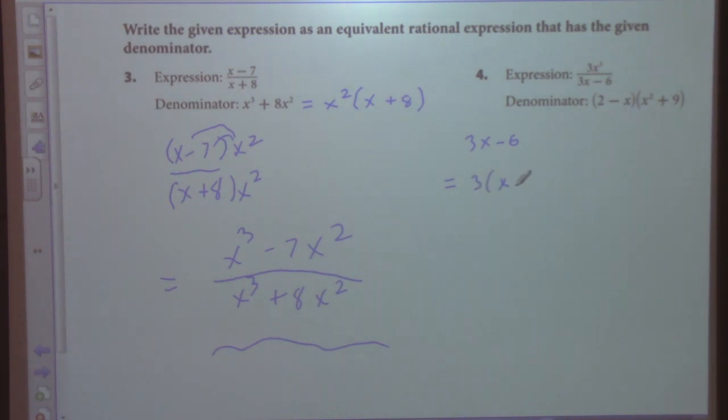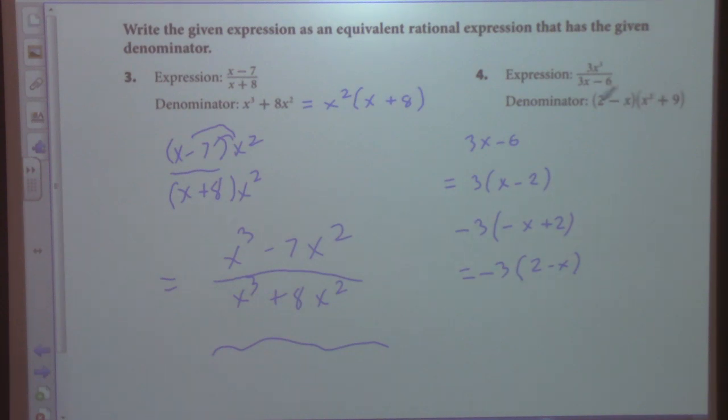So you have 3 times x minus 2, but we're trying to find 2 minus x. So what else can we do? Yeah, we can factor out the negative. If we factor out the negative, we get negative 3 times negative x plus 2, which is the same as negative 3 times 2 minus x.